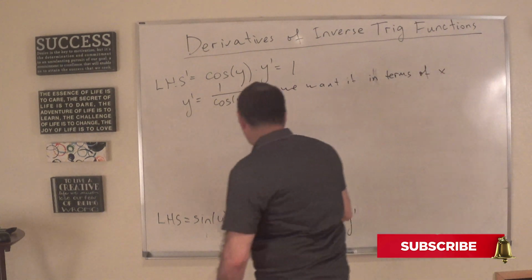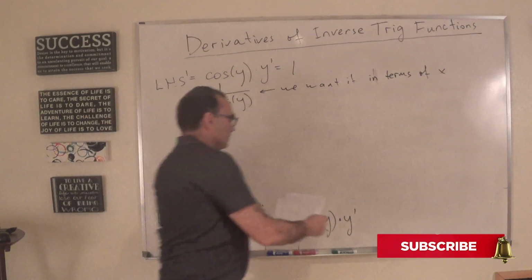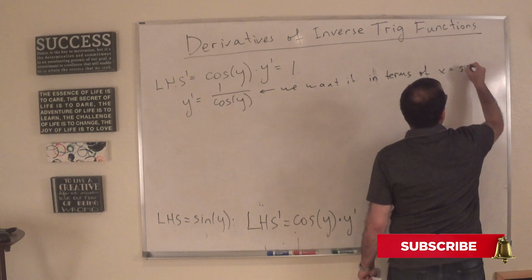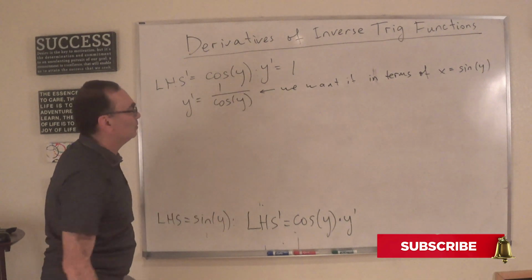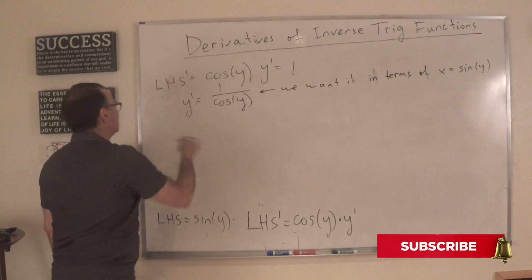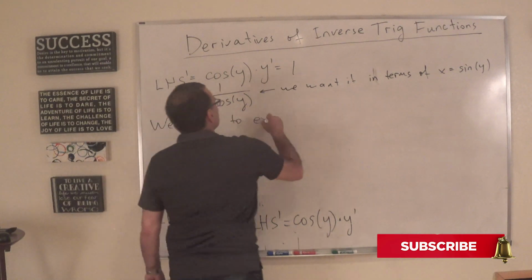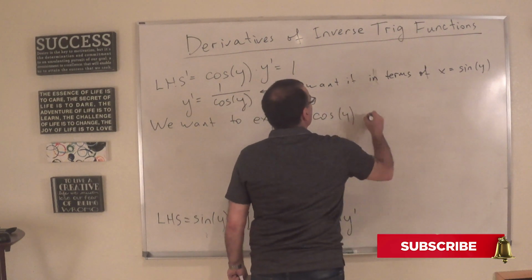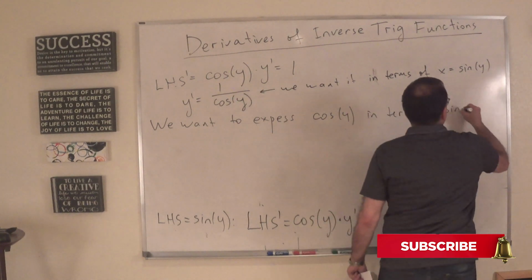And what does it mean? We know that x equals sine of y. So we want to express it in terms of sine of y and then plug in x for sine of y, and not in terms of cosine of y. So basically we want to express cosine of y in terms of sine.